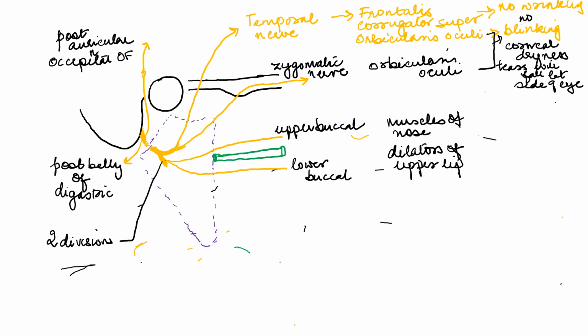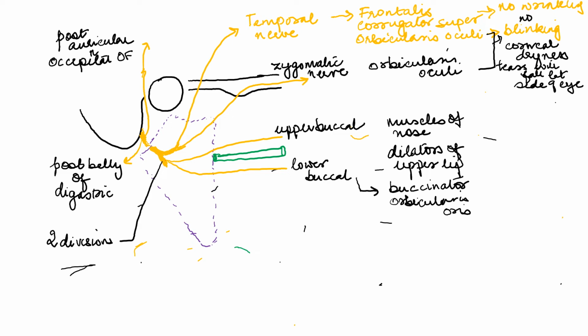The lower buccal would be supplying the Buccinator as well as the Orbicularis oris.